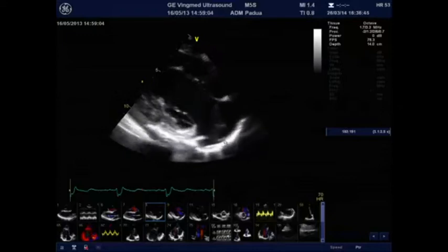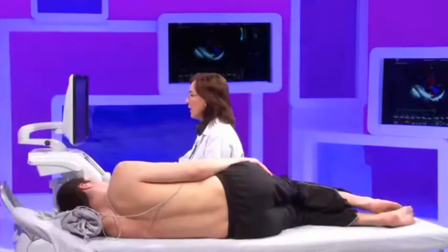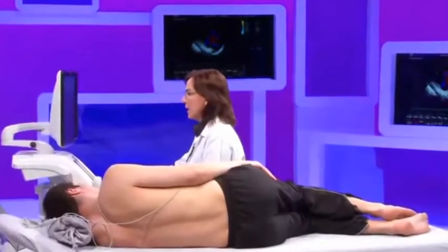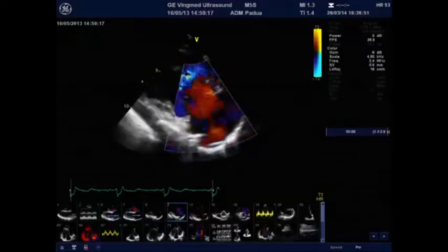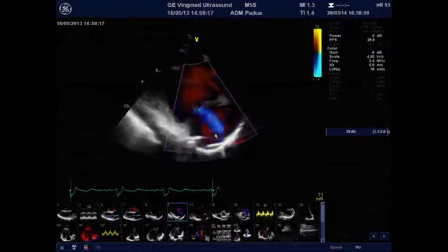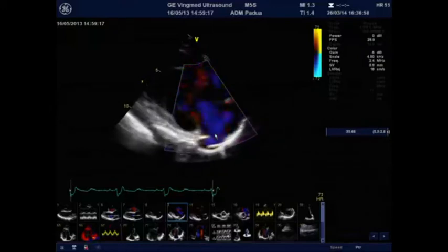Then, if we add the color Doppler, we discover that there is a certain degree of tricuspid regurgitation, of which the severity is not clear, and which also varies with the respiration of the patient.